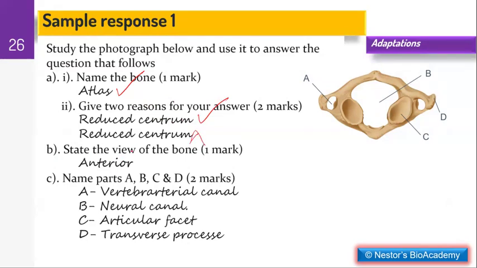And then states the view of the bone, and the candidate indicates this as an anterior view, which is correct. What is giving this away are the articular facets you can see here very clearly, indicating that this one is the anterior end, because this therefore will be the side that is articulating with the skull. So this is the front end of the bone.